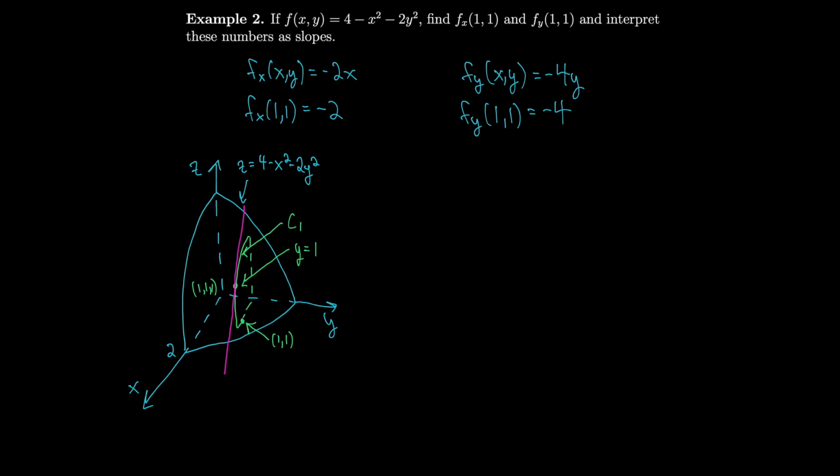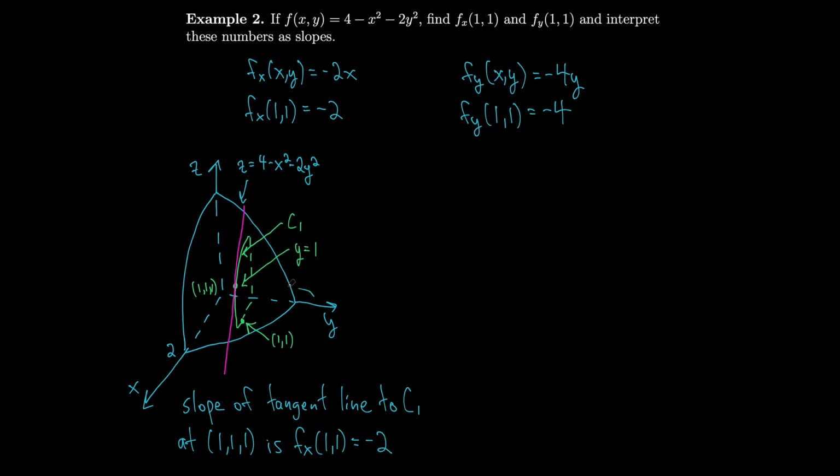So I get this tangent line, and let's say that the slope of the tangent line to the curve C1 we get by slicing at (1, 1, 1) is the partial derivative at (1, 1) with respect to x, which we calculated was -2.